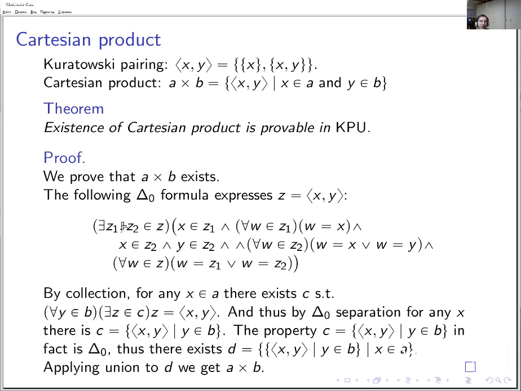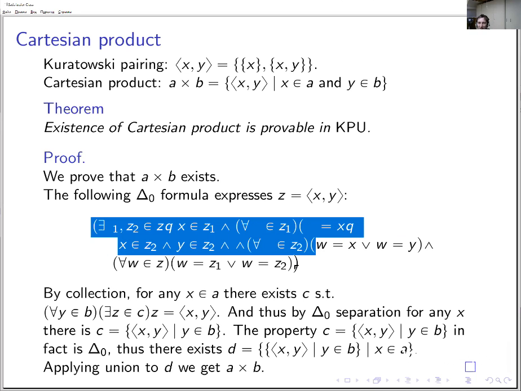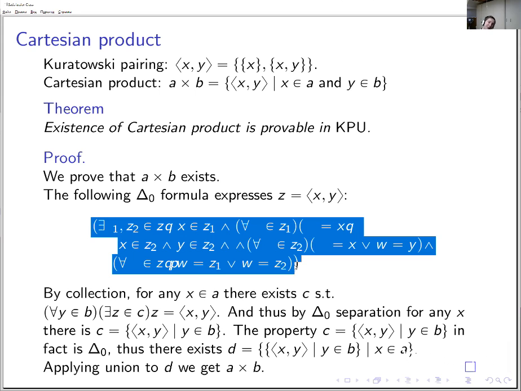We consider some sets A and B and want to construct this Cartesian product. Notice that the property that Z is equal to the pair xy is in fact expressible by a delta zero formula. Here I've written this formula down, defining the property.